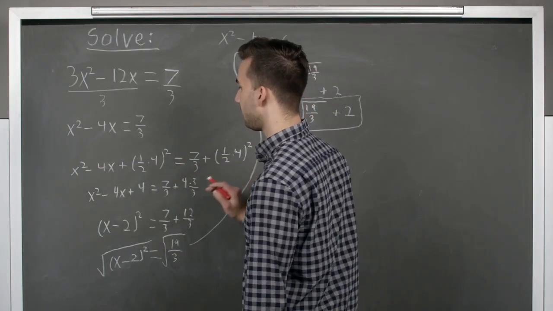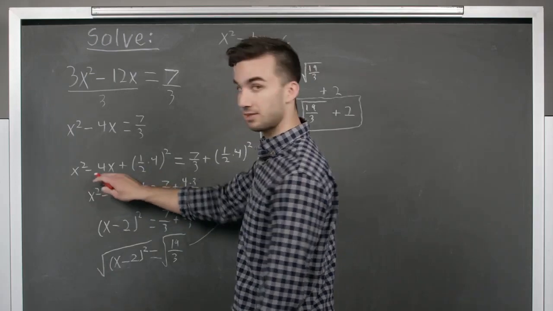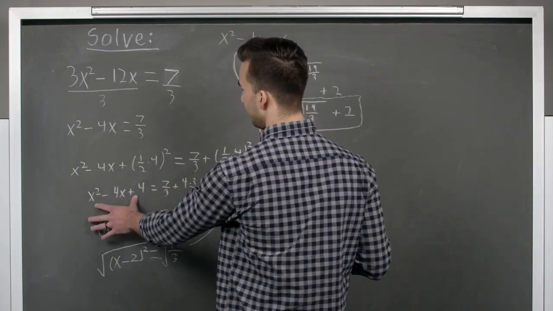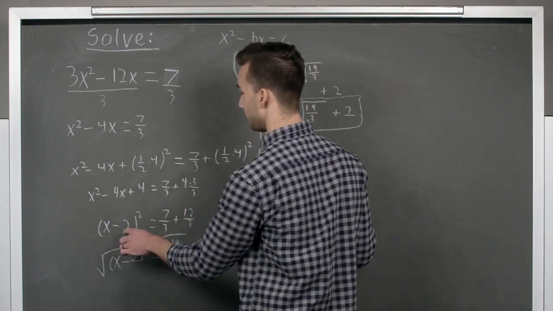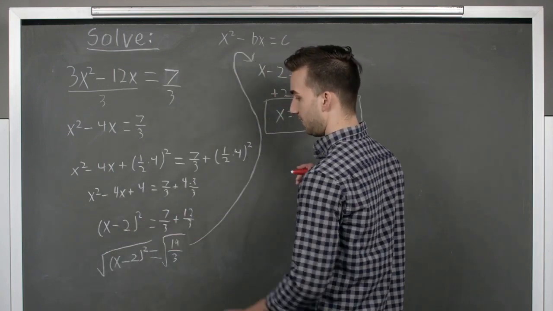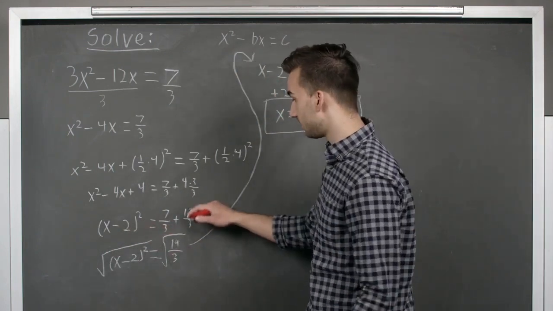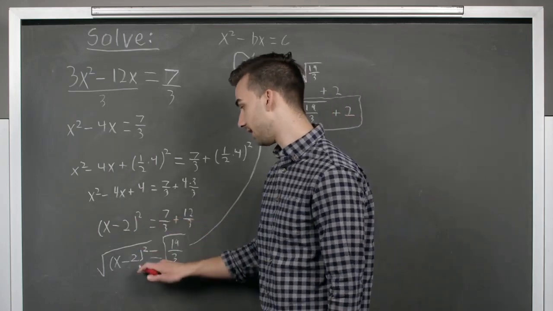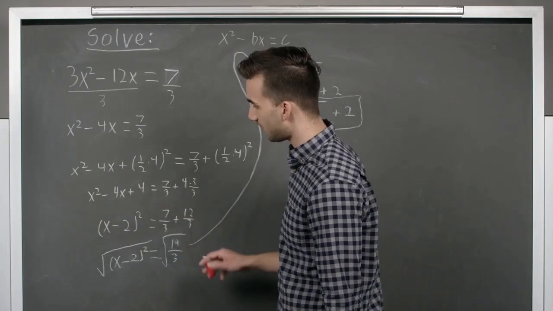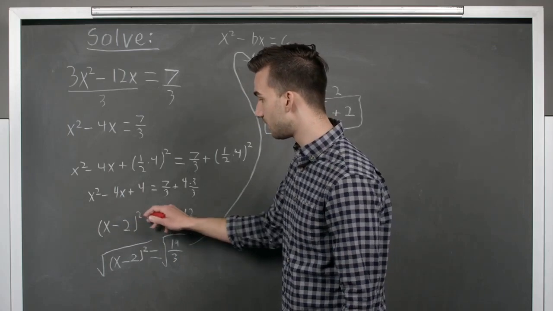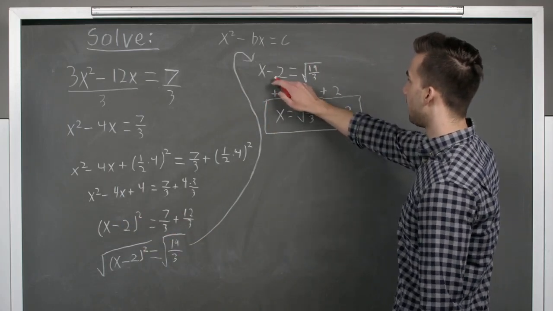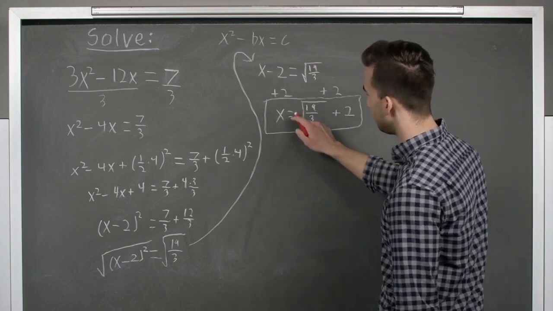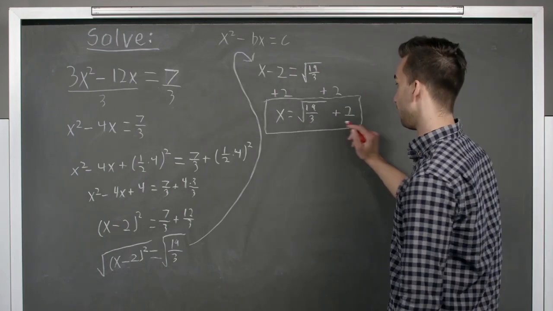And then you can write the side that has the trinomial as x minus 1/2 b, squared, and just keep simplifying the other side. And then after that, you can take the square root of both sides to get rid of the square over here.